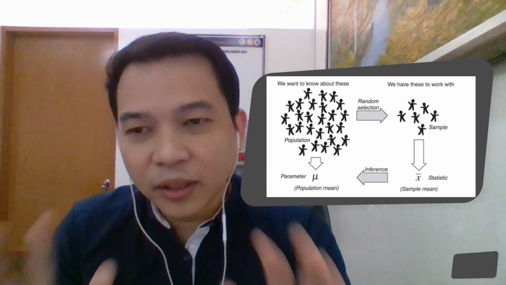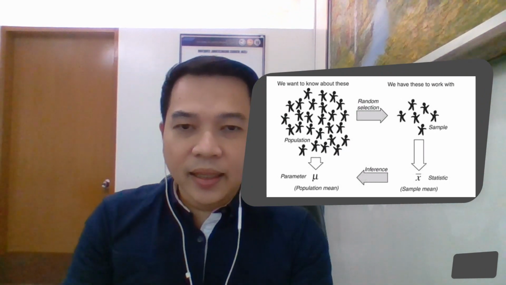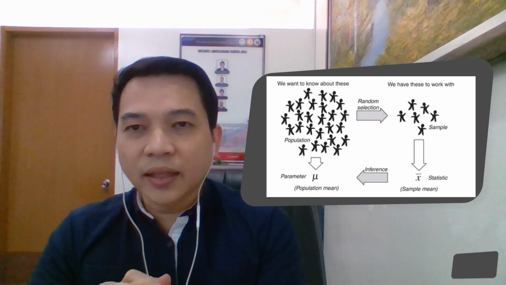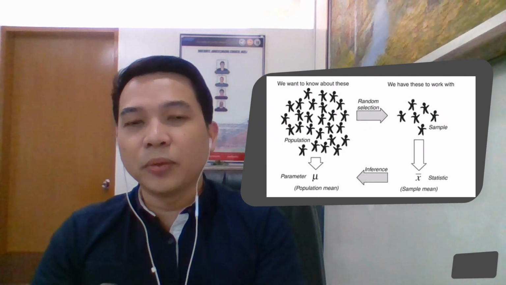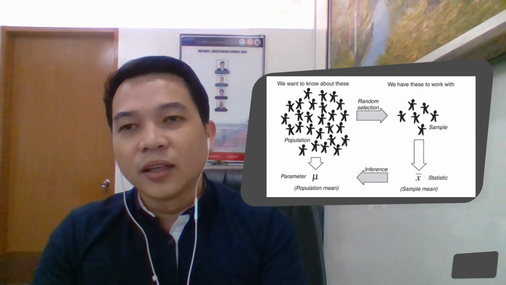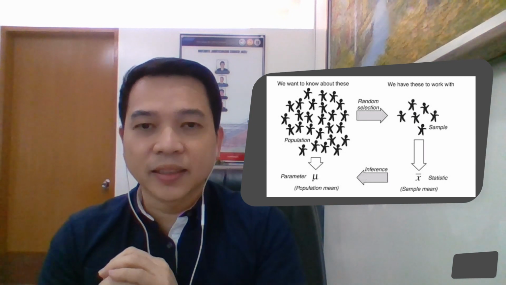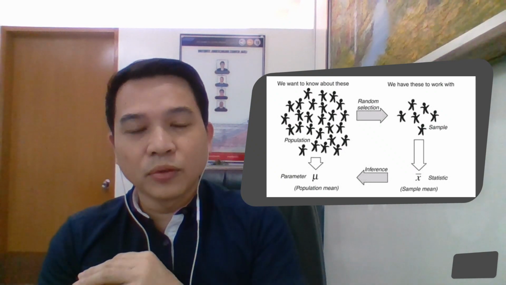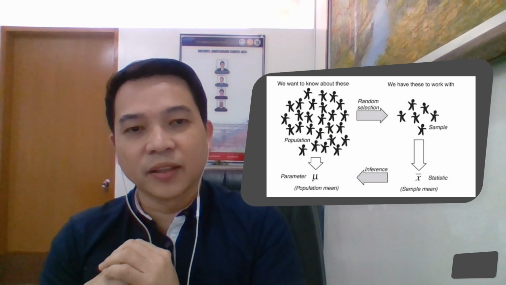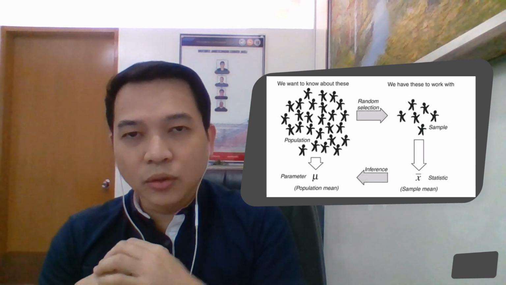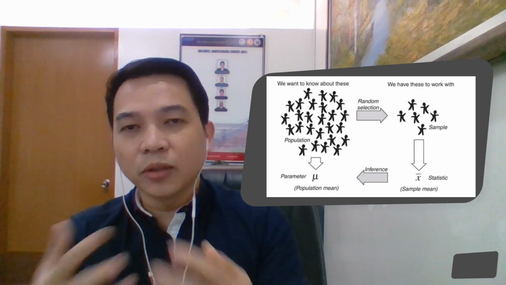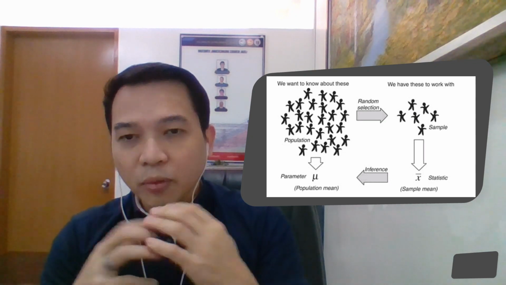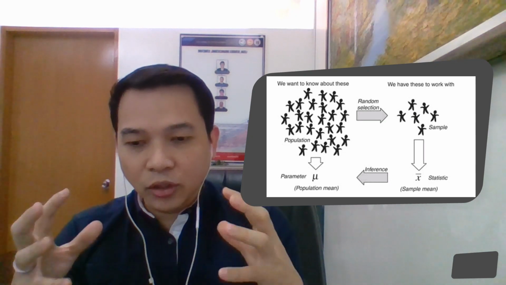See the beauty of this: when we try to apply it, we want to know something about the population. However, we cannot really reach the entire population and interview all the elements, all the citizens or the participants. But what we do is select a portion of that population. And out of that, we can work with them and maybe interview them, survey them, and extract information from them. And the information that we gather, we try to measure it.